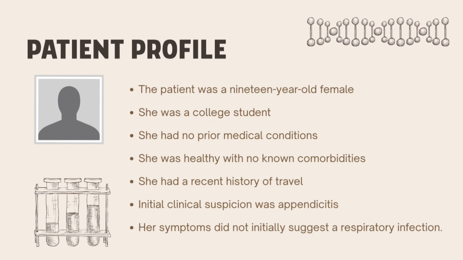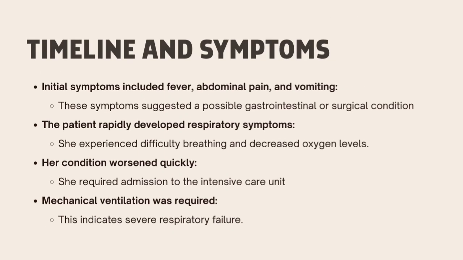Initially, her symptoms suggested appendicitis, which is important because it shows how this infection can present in unexpected ways or delay diagnosis. The patient initially presented with fever, abdominal pain, and vomiting, which are not typical respiratory symptoms.